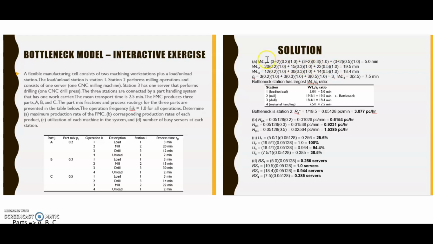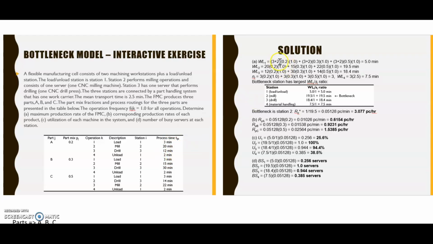To solve the problem, we have to calculate the workload at each of the stations. For example, for workload at station 1, there are two processes, load and unload, and the processing time is 3 minutes for loading and 2 minutes for unloading.